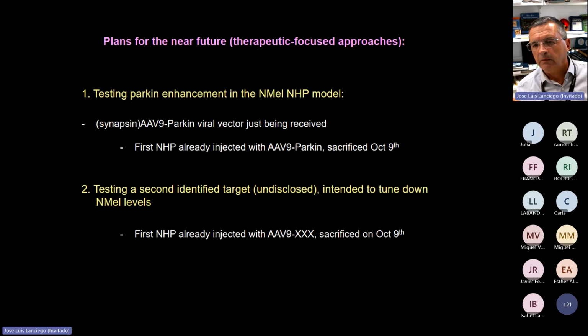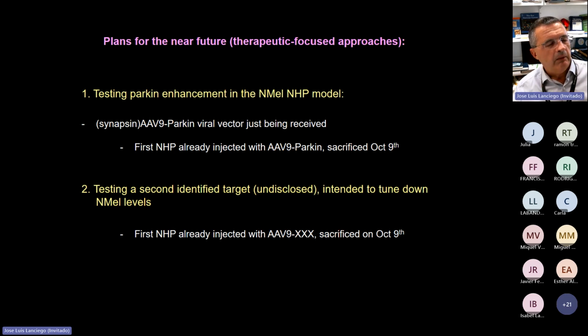It's an autosomic recessive mutation where Parkinson is engaged in mitophagy. There is a loss of function of the protein. So because it's a loss of function, it can easily be restored with a normal copy of the gene with an AAV.